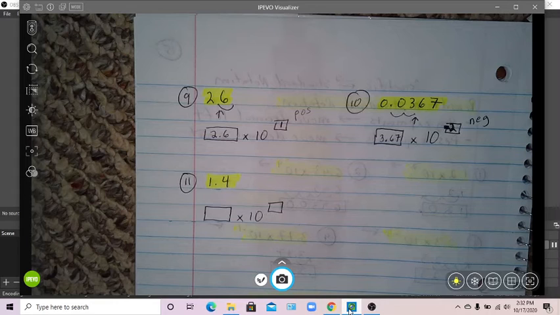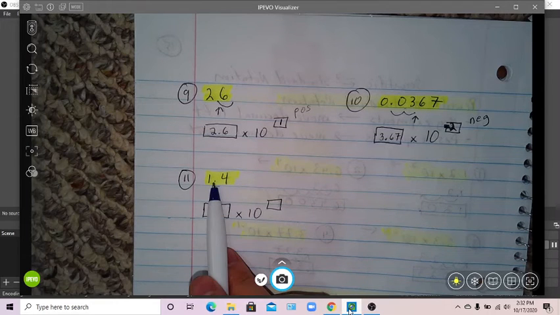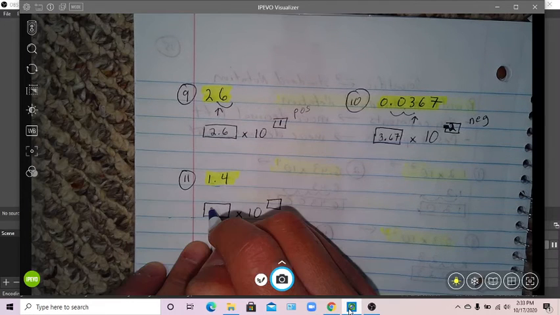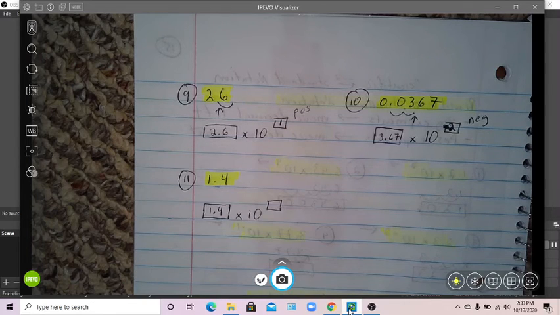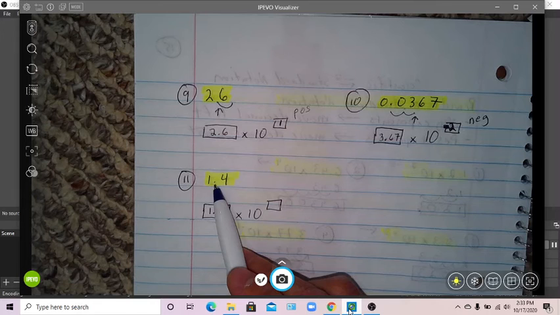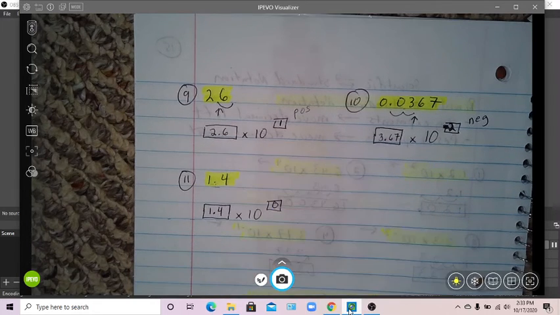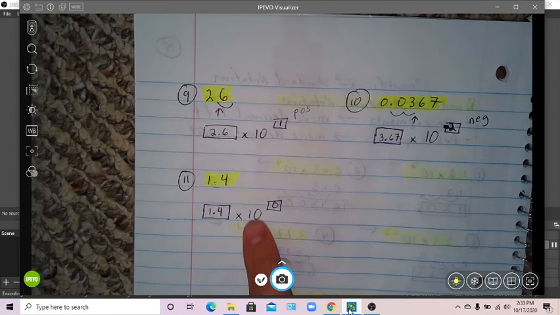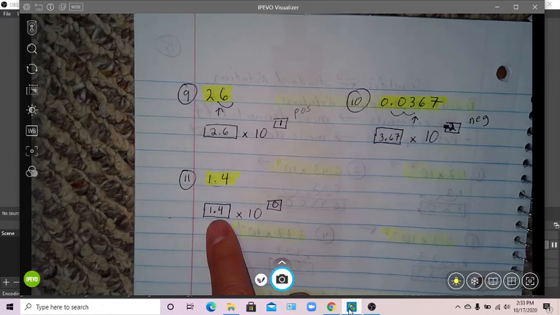Well, 1.4 is already between 1 and 10, so I don't move anything. It's just going to stay 1.4. Since I didn't move it anywhere, I moved it 0 times. 1.4 times 10 to the 0 is what you would put. What's 10 to the 0? That's 1. So this is 1.4 times 1. What's 1.4 times 1? It's just 1.4.